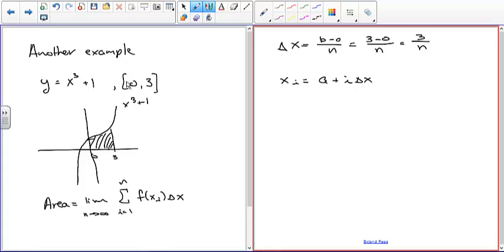We don't always have to start at 0. We're starting at 0 just because it makes life easier for this example, but we'll do some examples where a is not equal to 0. But for right now, while we're trying to understand the method. Since delta x is b minus a over n, when i equals n, you get to the end of the interval.